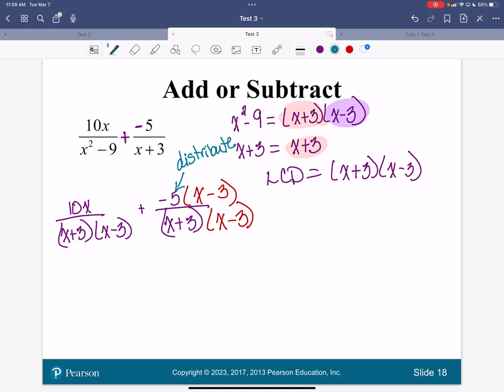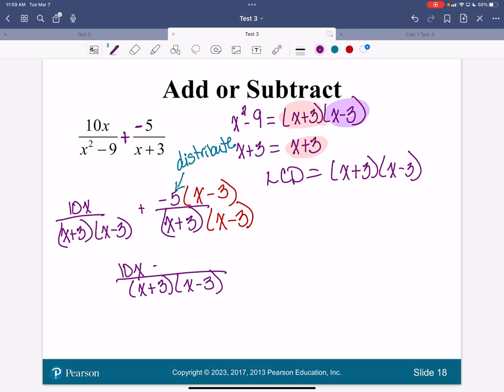So when you multiply in the numerator by a binomial, you are going to have to distribute. Okay? So I'm going to leave my denominator factored. So I've got x plus 3, x minus 3. I keep my 10x, but here, what do I want to do?